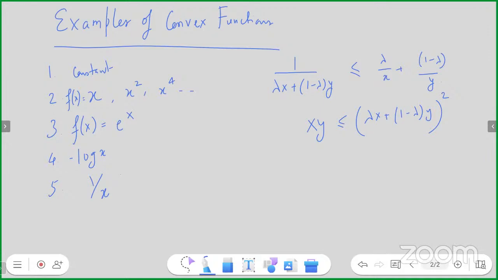So suppose f is convex, what about 1 by f of x? We'll have to change the domain.